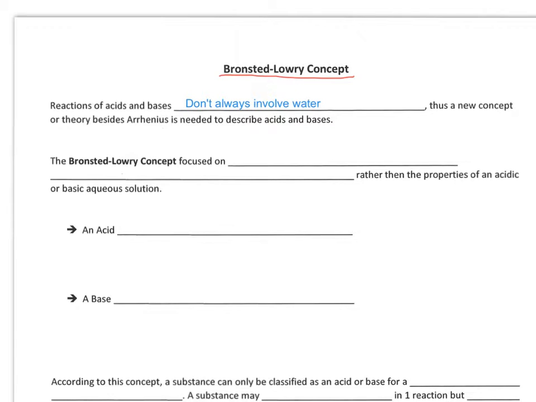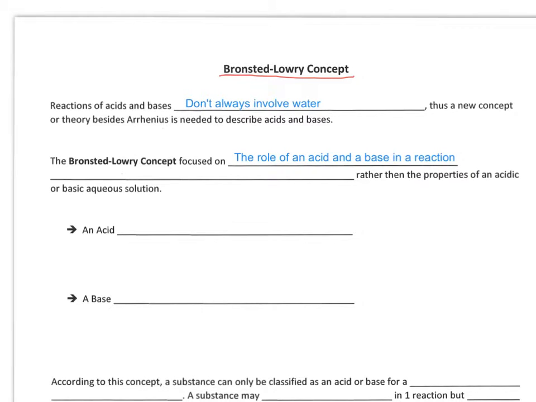Since the Arrhenius definition of acids and bases revolves around that whole idea that an acid donates the proton to water, whereas a base steals that proton from water, we need to have our new concept. So basically, the Bronsted-Lowry concept focuses on the role of an acid and a base in the reaction, rather than the properties of an acidic or basic aqueous solution.